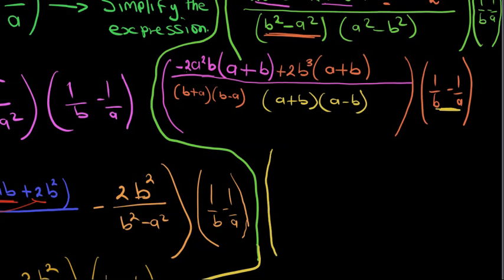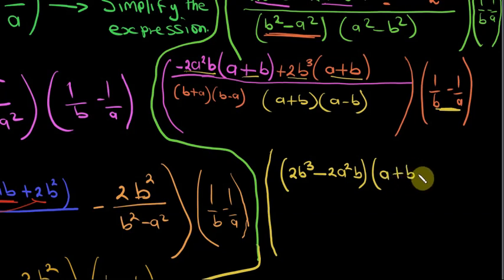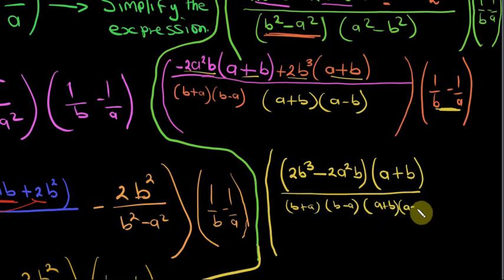Just rewriting what we have there. So a plus b multiplied by 2b squared minus 2a squared b. So that is 2b cubed minus 2a squared b, multiplied by a plus b, all over b plus a, b minus a and a plus b, a minus b. Everything is multiplied by 1 over b minus 1 over a.